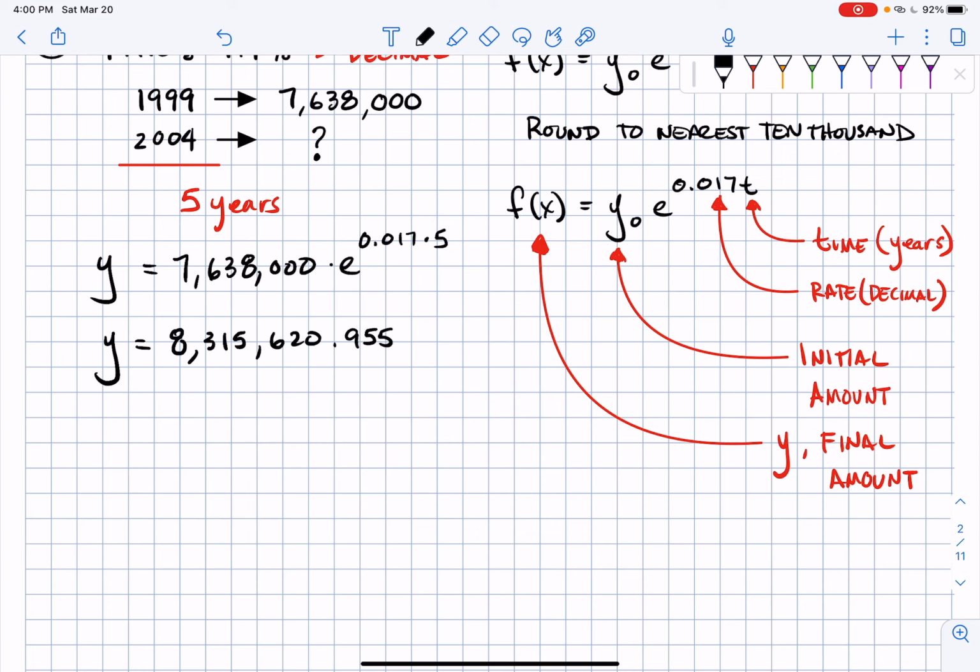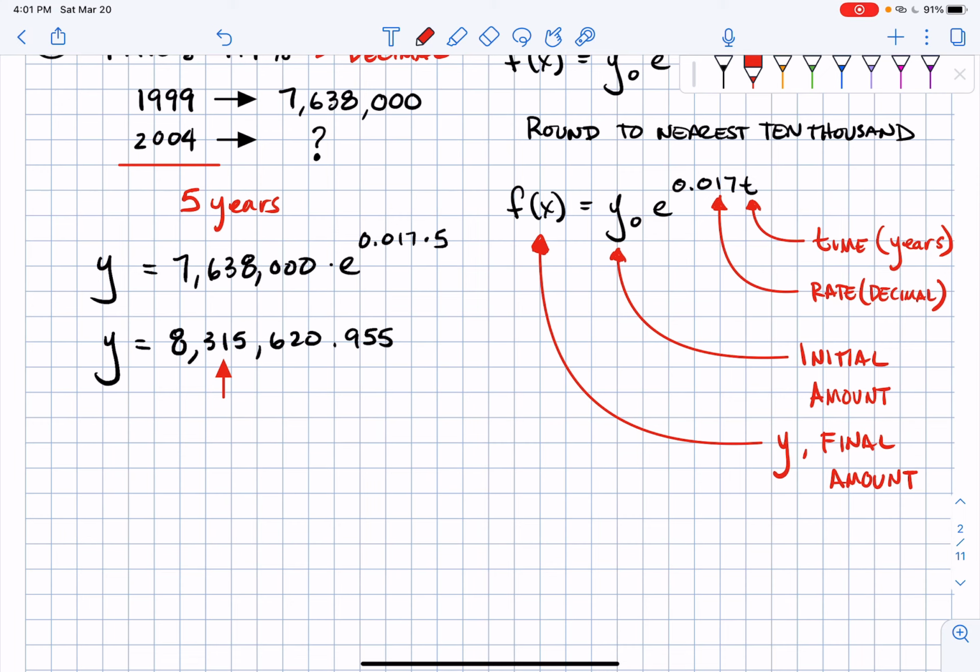But notice that it says to round to the nearest 10,000. All right, so rounding to the nearest 10,000, I'm looking at this digit right here. Okay, and that digit right there is what I want to look at, so I need to look at my 5. I gotta look at the 5, and the 5 tells me what? To raise it up, because it's 5 or greater.